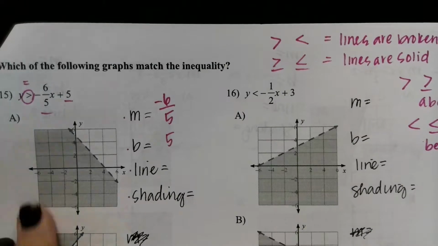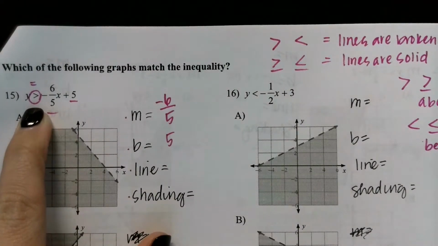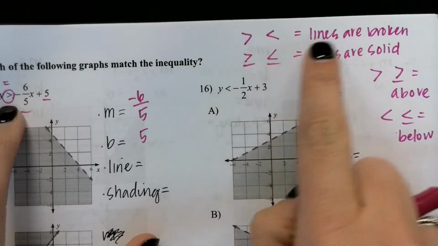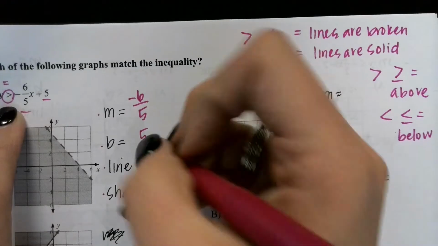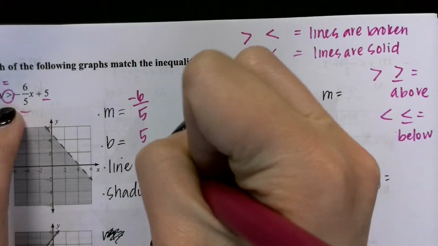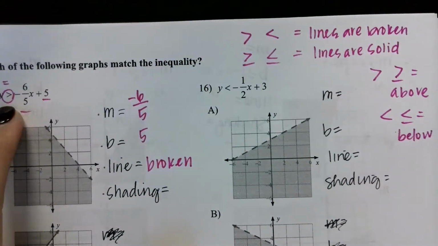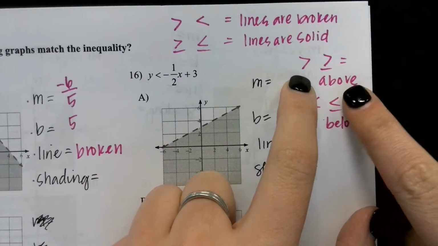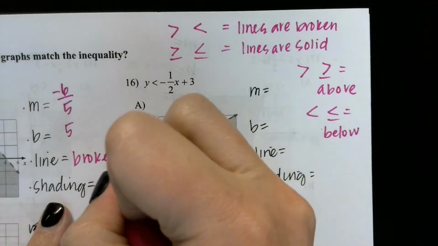Looking at our sign in our inequality right here, this is a greater than sign. So the line is going to be broken, and I'll show you what that looks like. And because it's greater than, the shading is going to be above.